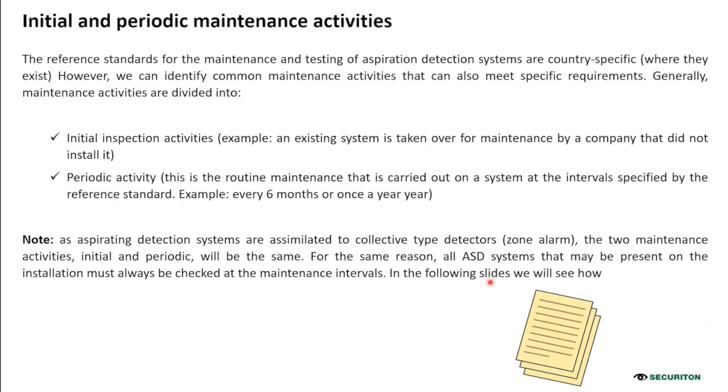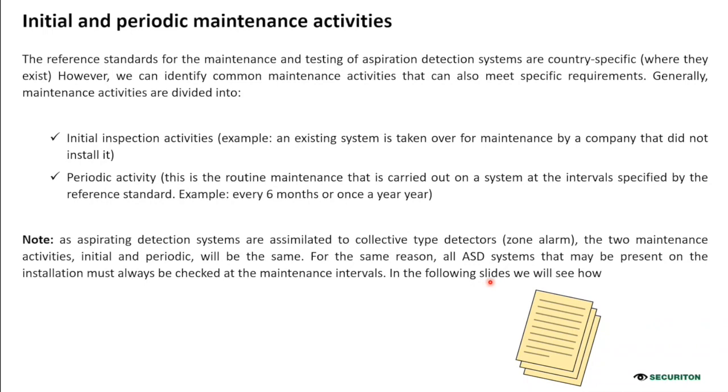And then there is periodic activity, which is routine maintenance carried out on the system at specified intervals depending on the reference standard. For example, we can have periodic maintenance every 6 months or at least once per year. So you need to check your standards.